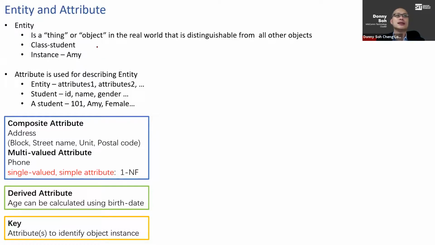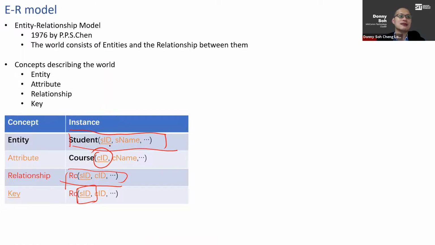So entity is a thing or object. So for example, in a class, it is a student. If you look at it from the OO point of view, that is like an instance, like the student Amy. Okay, so far. Okay. So attribute, so-called labels used to describe the entity. So as I said earlier, CID is an attribute, C name is an attribute.